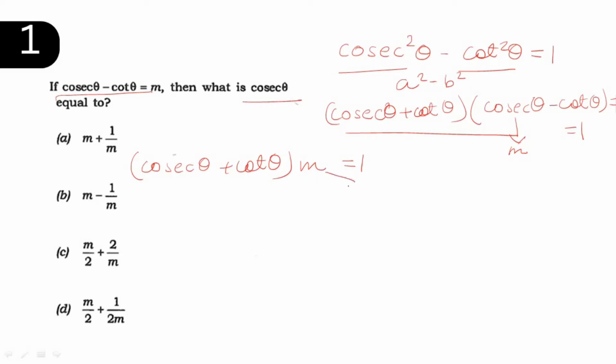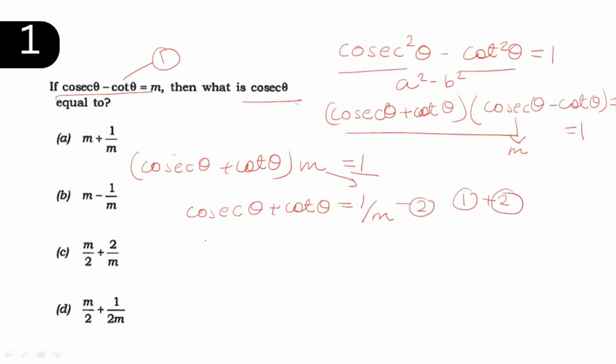So taking m to the denominator of 1, here comes cosec theta plus cot theta is equal to 1 upon m. Imagining this as equation 1 and this as equation 2, adding both the equations, what will we get? Let me write equation number 1 here.